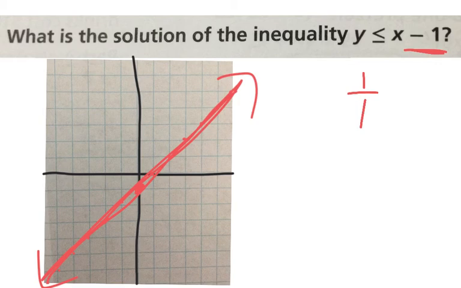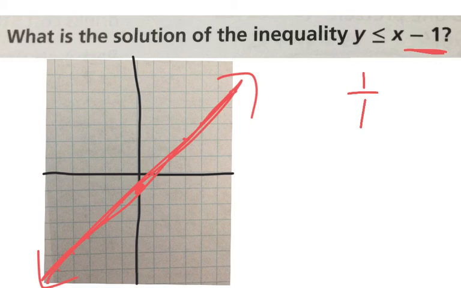So y becomes 2, must be less than or equal to, the x is 2 minus 1. So is 2 less than or equal to 1? Is this a true statement or a false statement? It's false. So is 2, 2 an answer? No. So that part of the graph shouldn't be shaded because we shade the answer. So the answer here would be the other half of the graph. It would be everything beneath it.